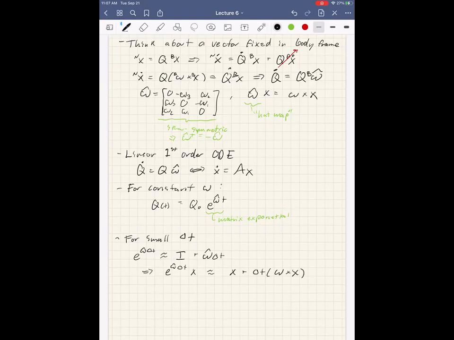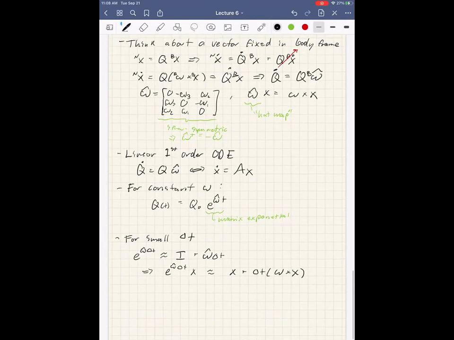So intuitively, cross products are like an infinitesimal rotation. If I have some omega for a little time, the rotation gives me the original vector, and the modification for small time is omega cross x. This is kind of a fun thing.